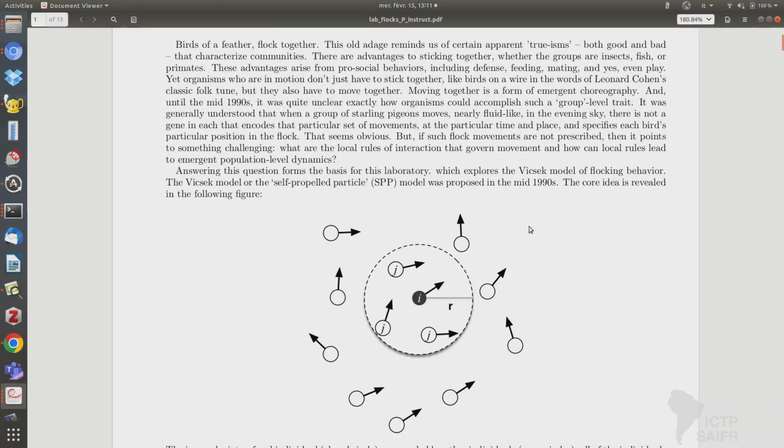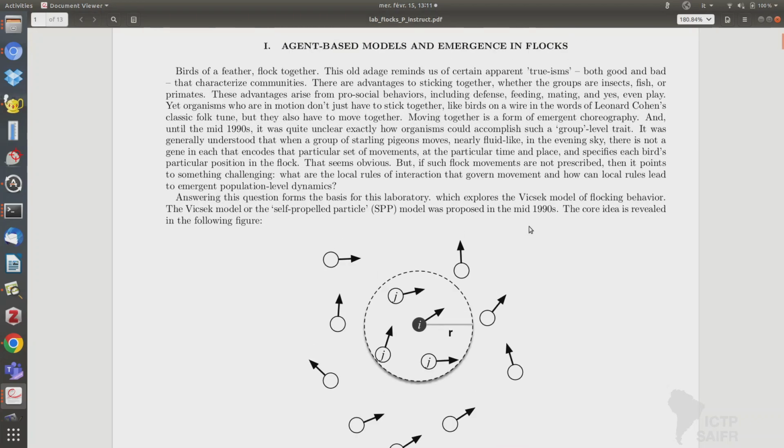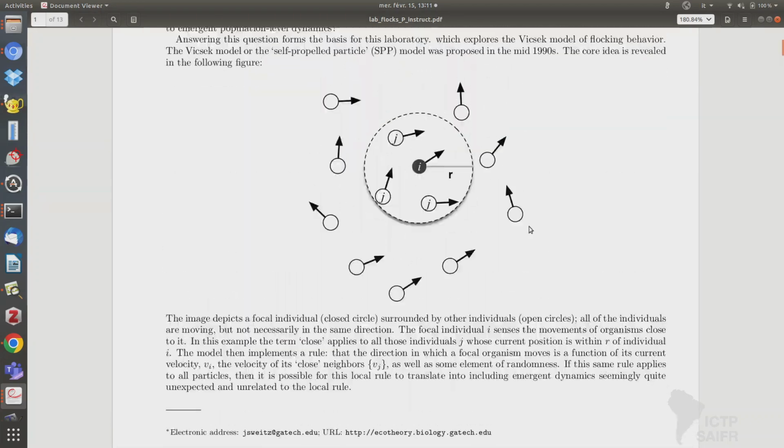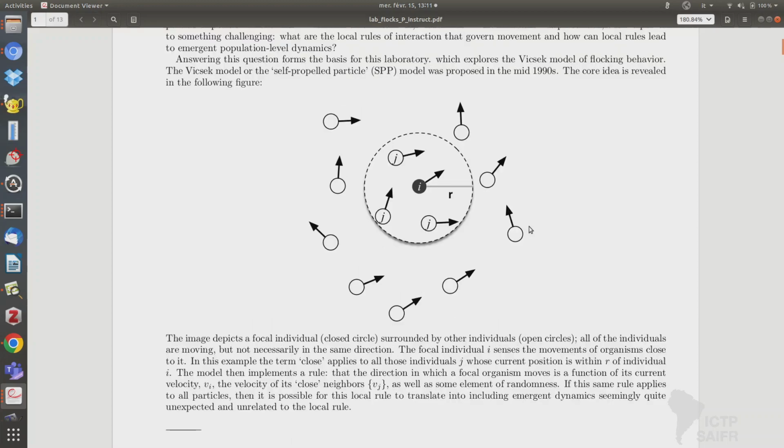So we're going to be implementing a model for some boids. In fact, we're going to be implementing the Vicsek model, whose rules are, as we saw yesterday, each bird is represented as a vector, which is the vector of the direction where these birds are going.